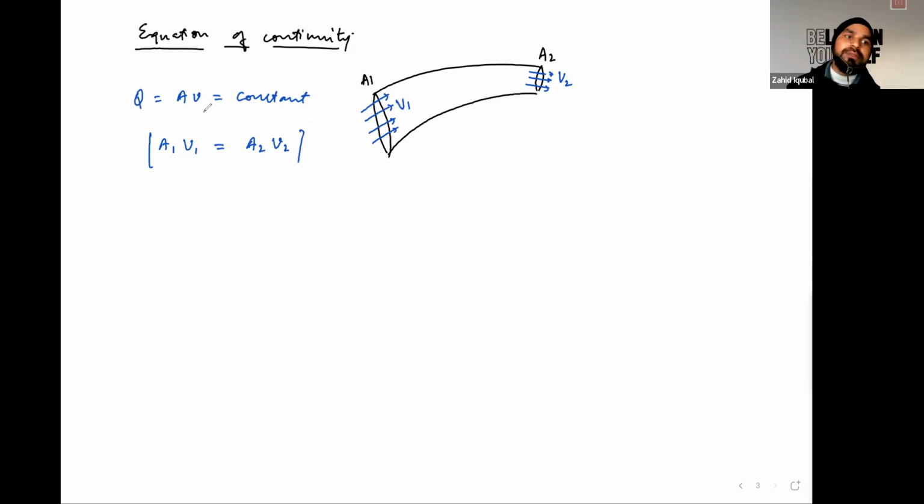If you are asked to draw the graph related to these two terms, we can say the product of area and velocity is constant. It means area and velocity must be inversely proportional to each other. So the graph will be a rectangular hyperbola like this.